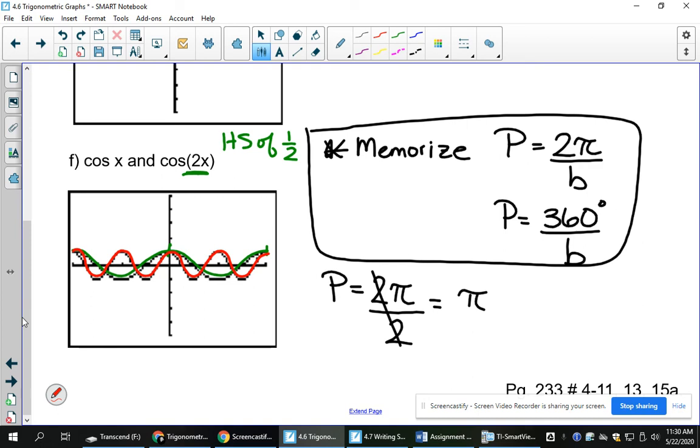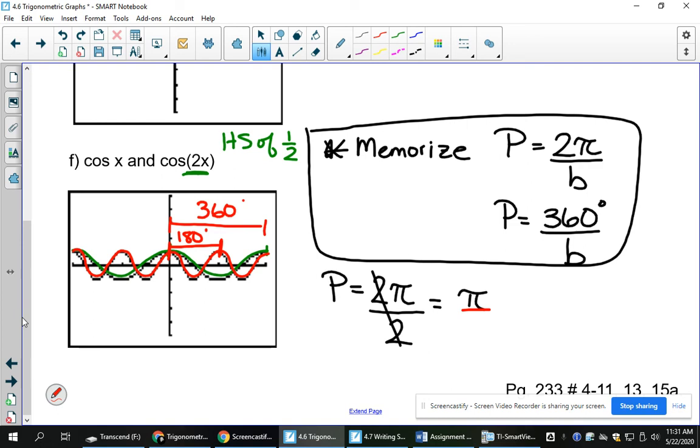Where it took 360 degrees before to do one period, now we've got a wave happening from here to here in 180 degrees. We just so happened to do it in radians, so it went from 2 pi to pi, but that's exactly what's happening. You've got your waves happening faster. You have more waves on the same domain that you can see on your screen.